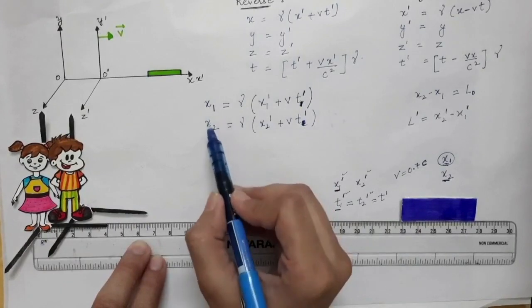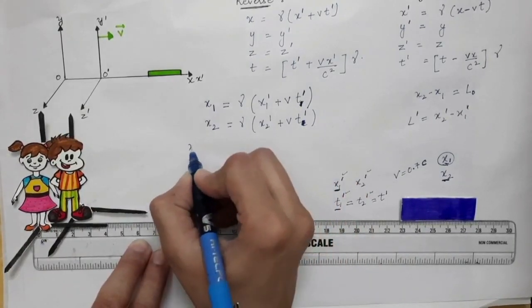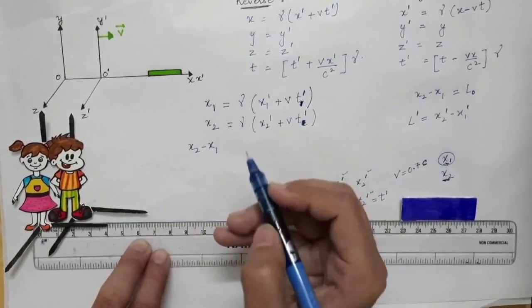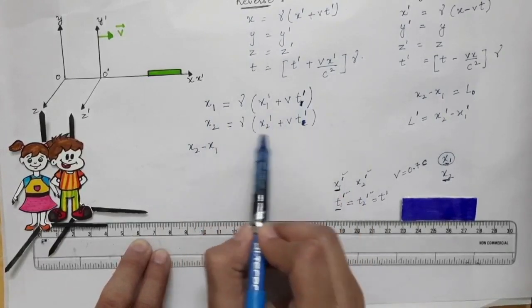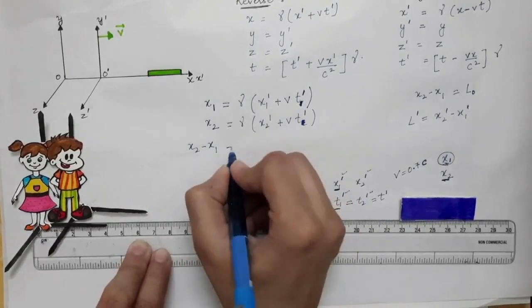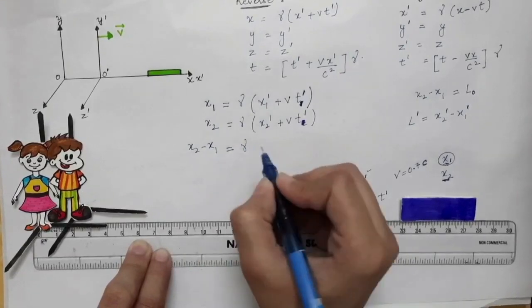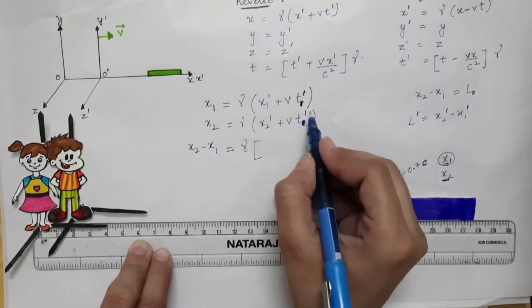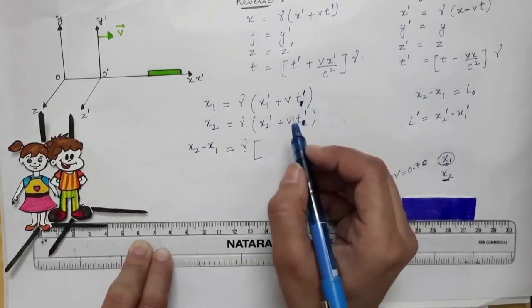Now I will subtract these two equations, subtracting the first equation from the second, and I will get x2 minus x1. So x2 minus x1 is equal to gamma, which can be taken common, times x2 prime minus x1 prime, because v t prime minus v t prime will be equal to 0.